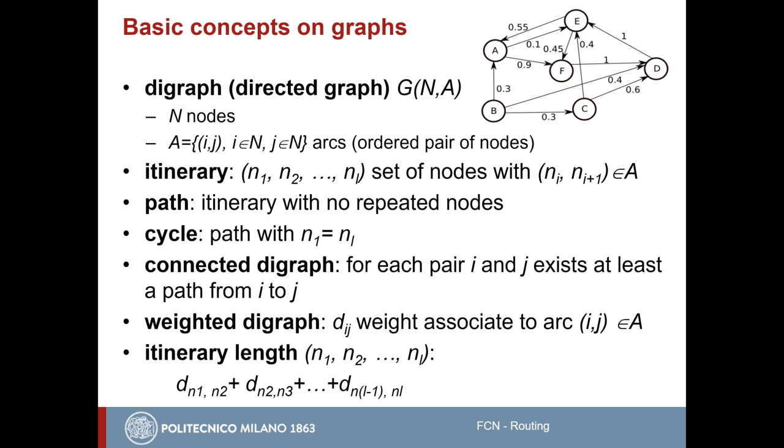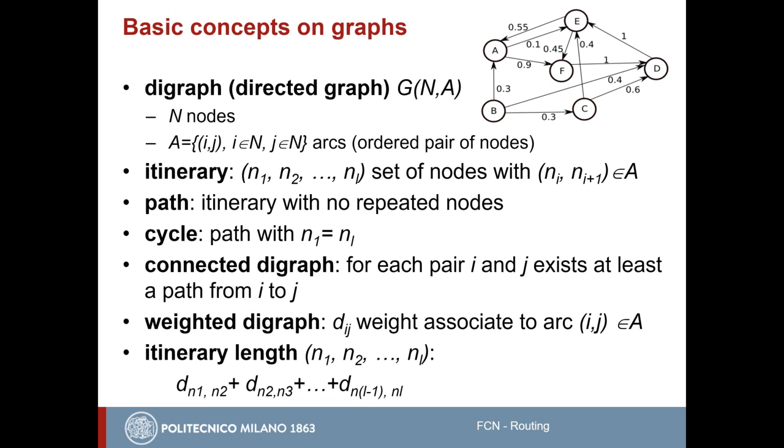So the graph is defined by the set of the nodes, you can call it N, and the set of the arcs, where an arc is basically an ordered pair of nodes, and it corresponds to a connection on the physical layer.